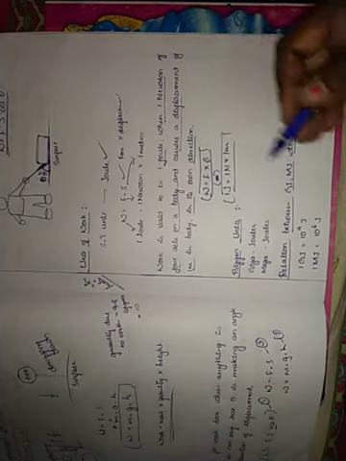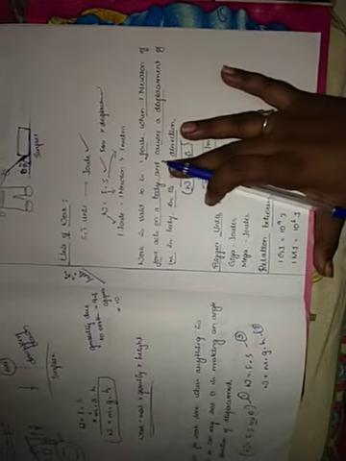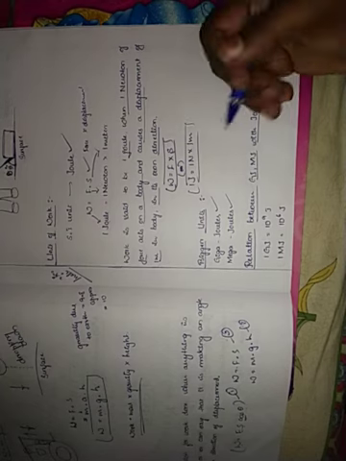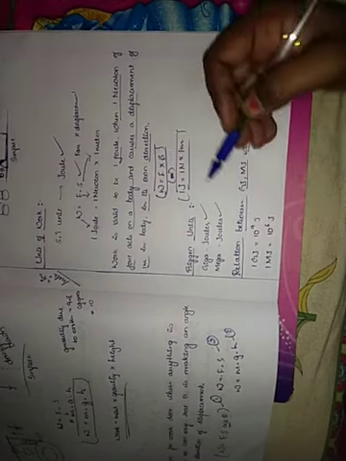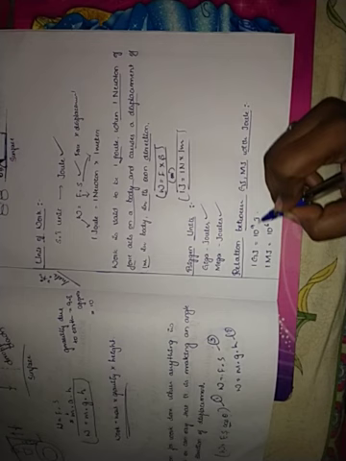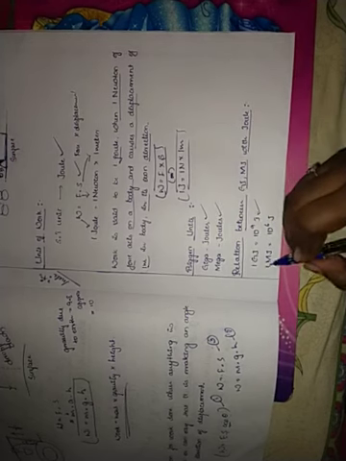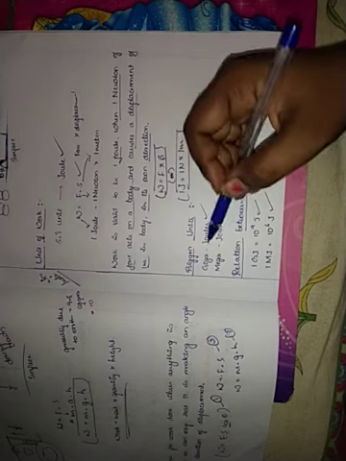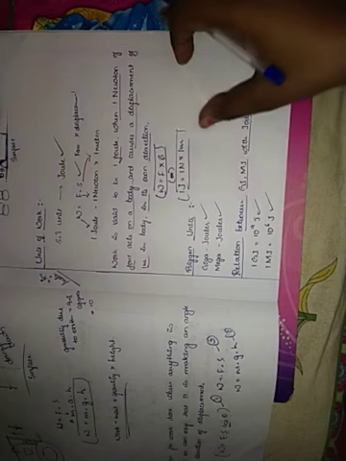In joules, we have some bigger units, that is gigajoules and megajoules. The relation with joule is that gigajoule means 10 raised to the power of 9 joules, and megajoule means 10 raised to the power of 6 joules.